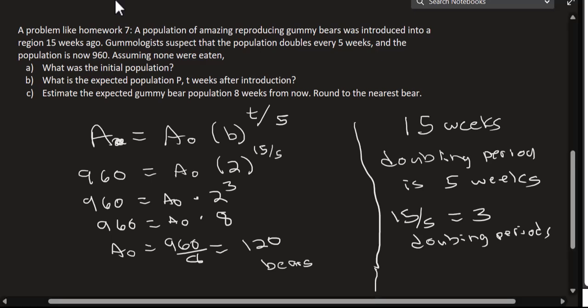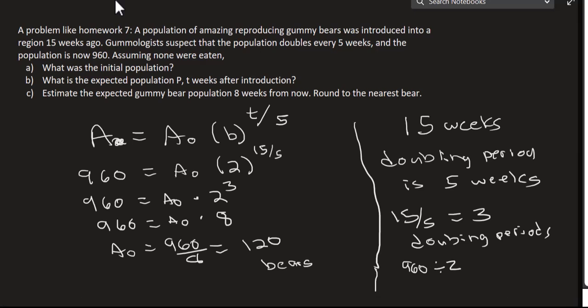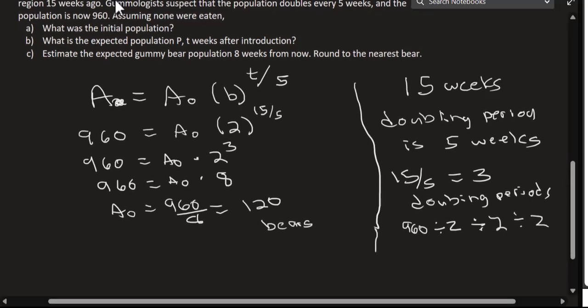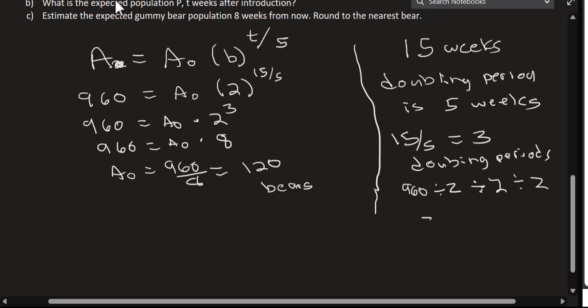So if we divide 960 by 2 3 times, we can get back to where we started. So we divide it by 2, and then divide it by 2, and then divide it by 2, and that should get us back to where we started. 960 divided by 2, and then divided by 2, and then divided by 2 gets me 120. So our initial amount was 120.